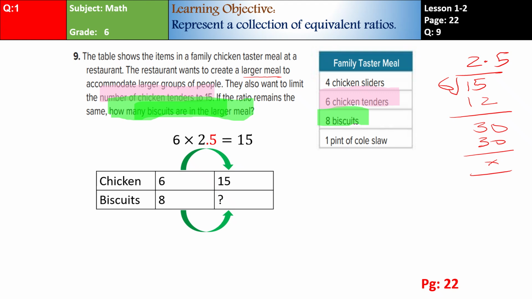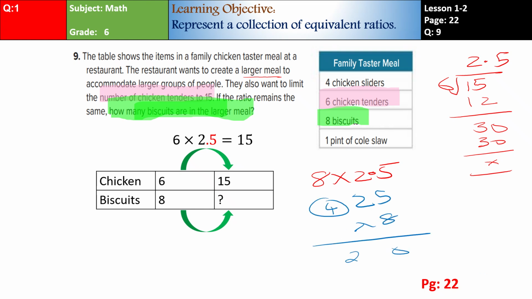We will multiply 8 times 2.5. We will multiply it normally. You will multiply 25 times 8, 40, 16 plus 4. And now we will see there was one digit after decimal place. So you will put decimal point here. So it will become 20. So 20 biscuits will be there in the larger meal.